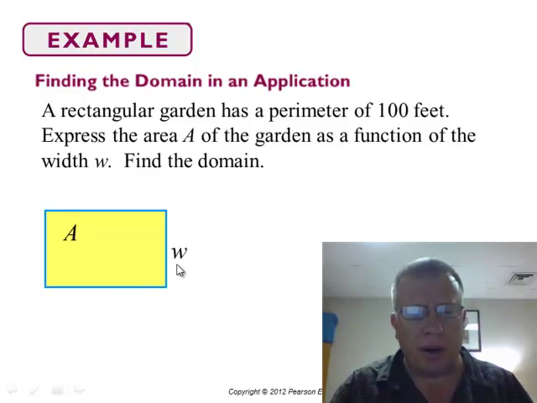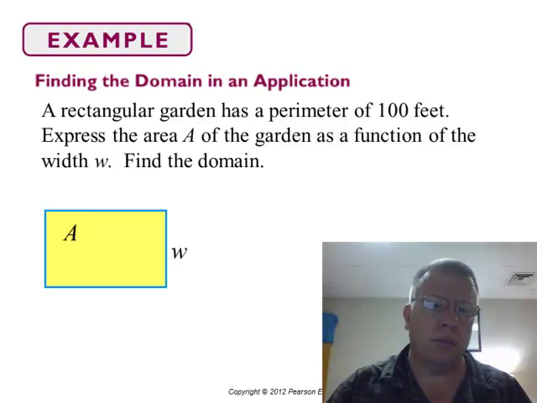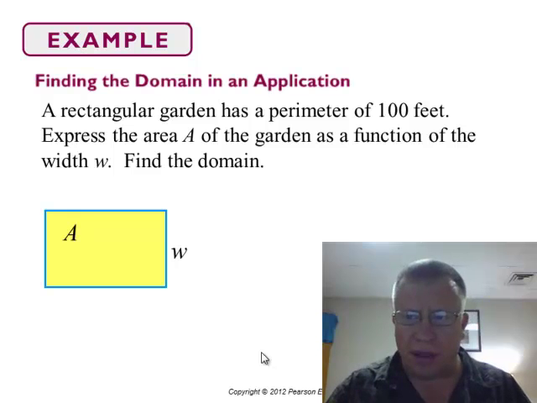The perimeter is w plus l plus w plus l for a total of 100 feet. 2w plus 2l is 100. That means that l plus w is 50, so the length is going to be 50 minus w.